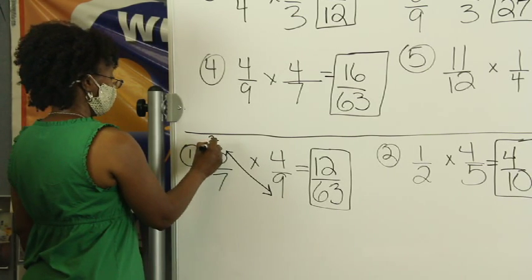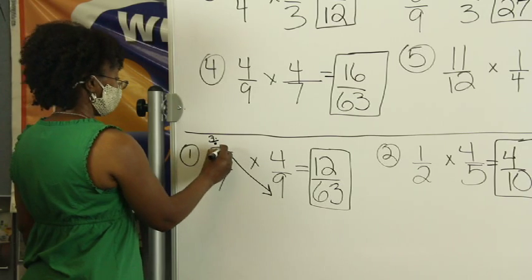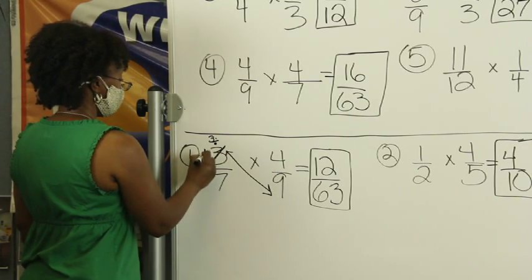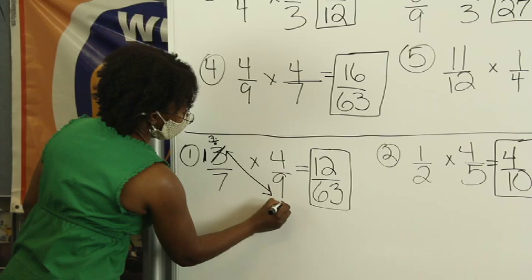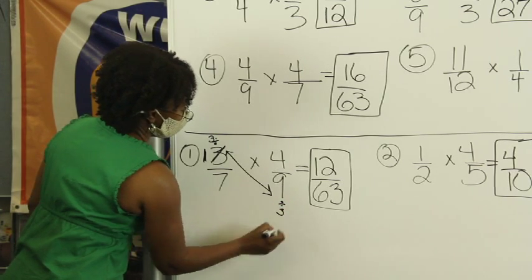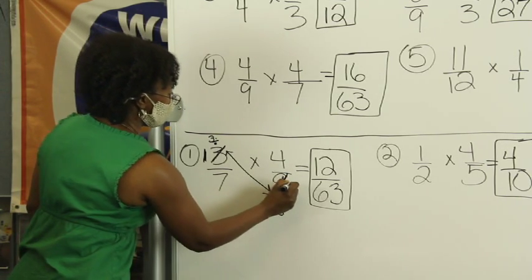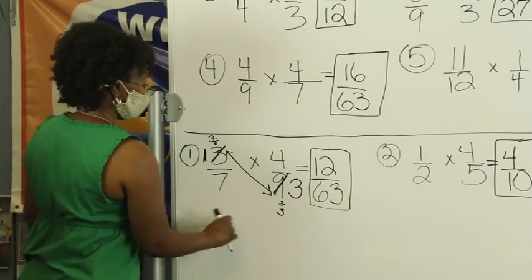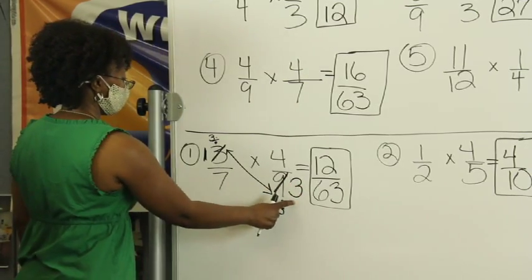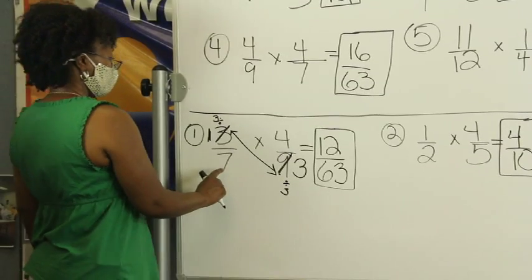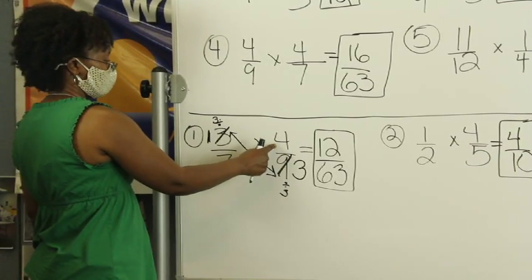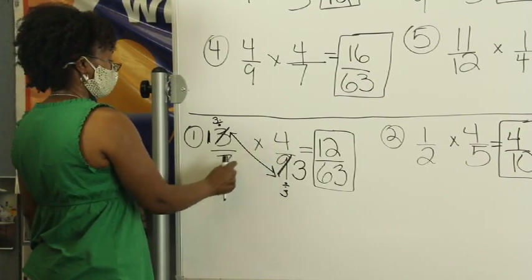So we'll divide by 3, which will give us here a 1. And if we divide this one by 3, it will give us the number 3, because 9 divided by 3 is 3. Okay? And there is nothing that we can find in common with 4 and 7.